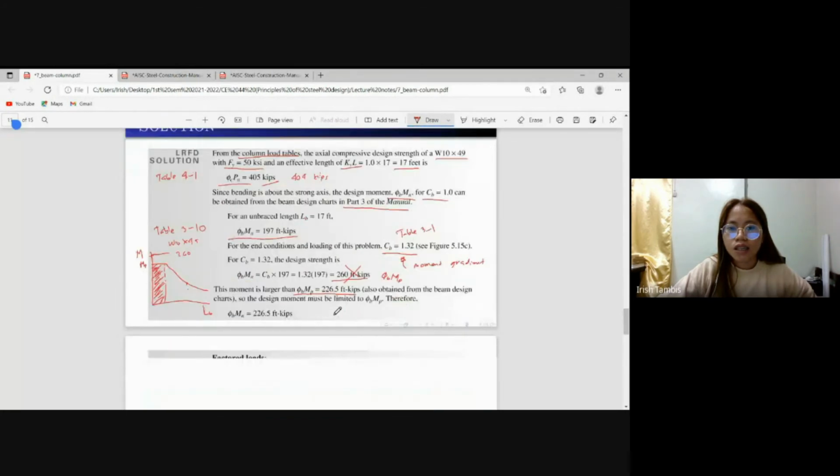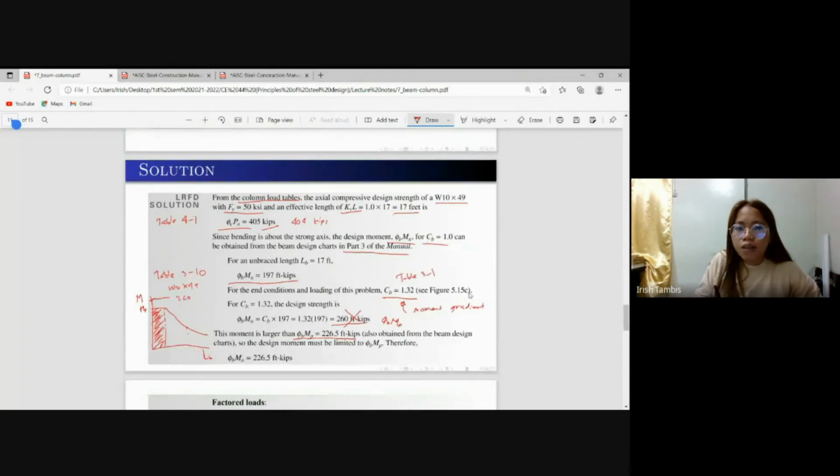So, kani siya. Pero kung wala gani siya nilapas, if this one is less than 226.5, so kani siya, for example, this is just equal to 225, no? 0.01. So this will be your φ_b times M_n.